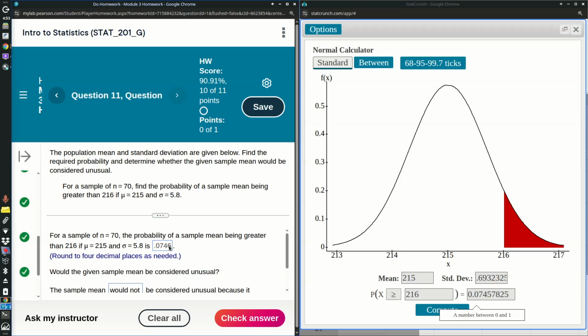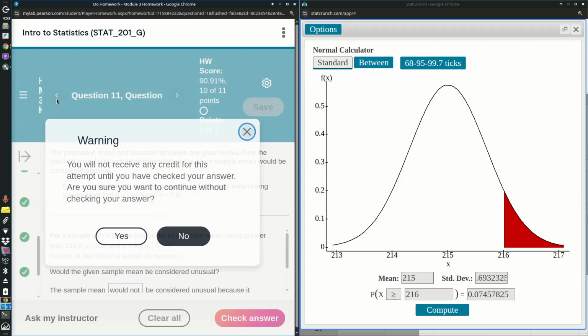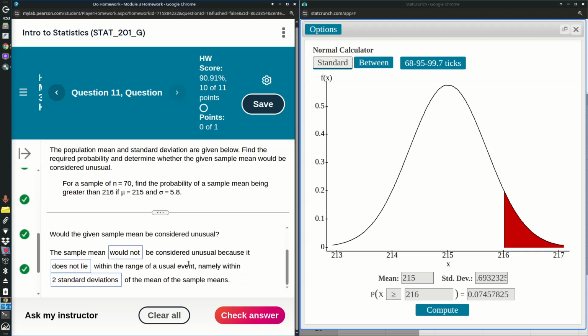0.0746. Oh, greater means one-tailed. I'm sorry, that's what's going on here. So when you're single-tailed, that's going to bump it up to 10% because we're only looking in one direction. If you look at the previous problem, no, it was still greater than, wasn't it?